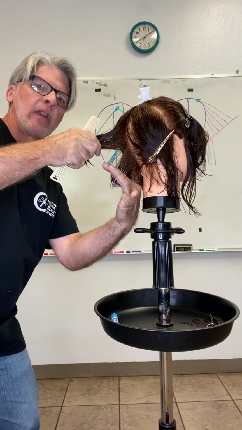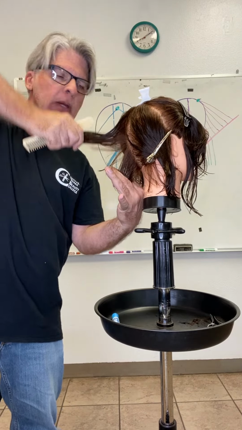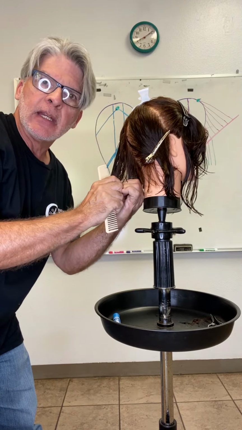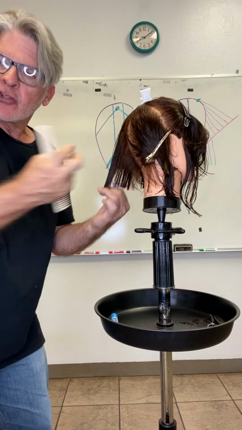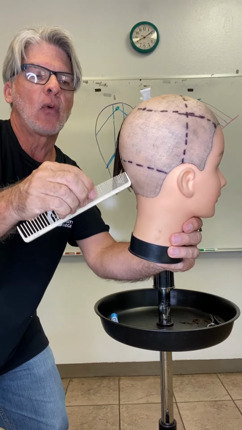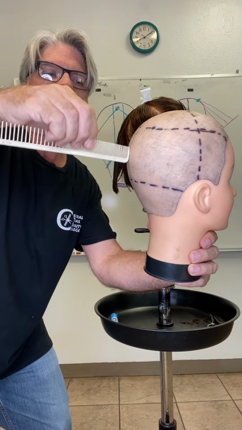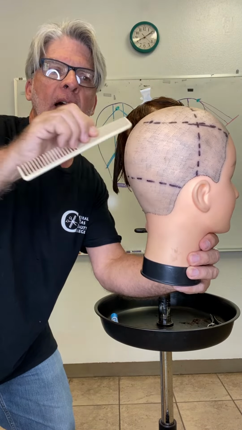This section is now at 45. We definitely don't want to be way up, but we don't want to be at 30 or something like that. That's why the head shape is so important, because 45 down here looks different than 90 or 45 in this parietal ridge back here, okay? So be watching how much elevation you're putting in.